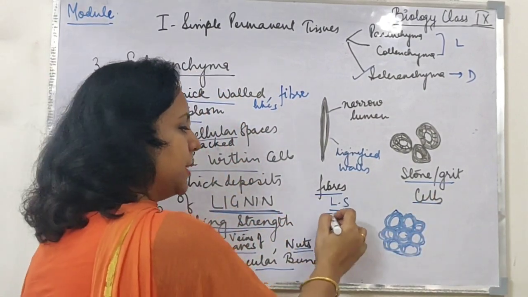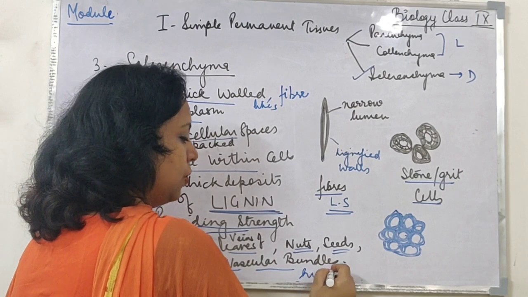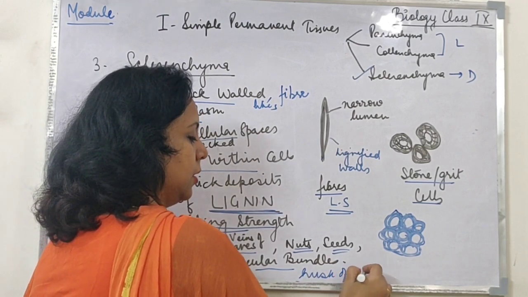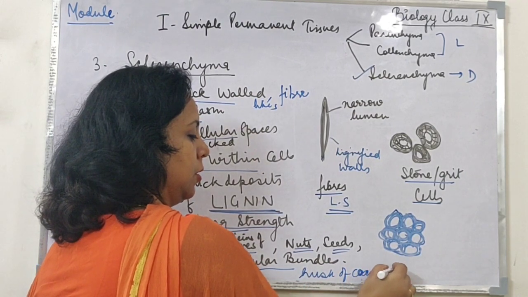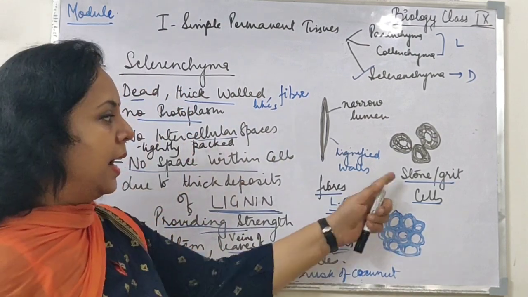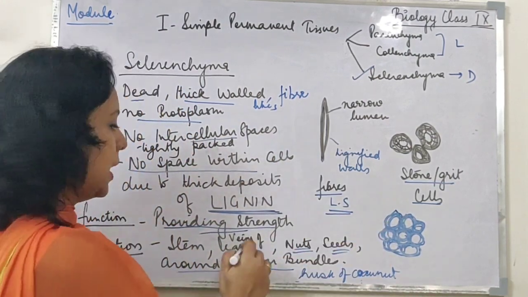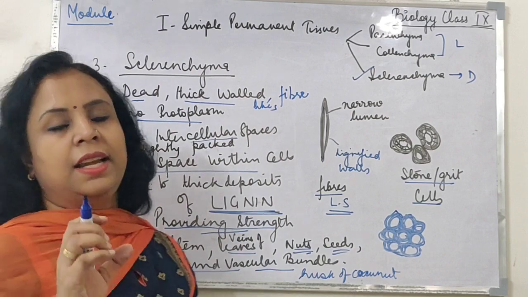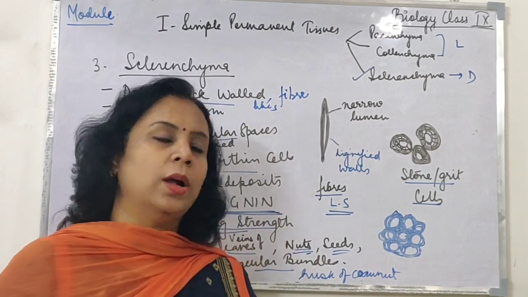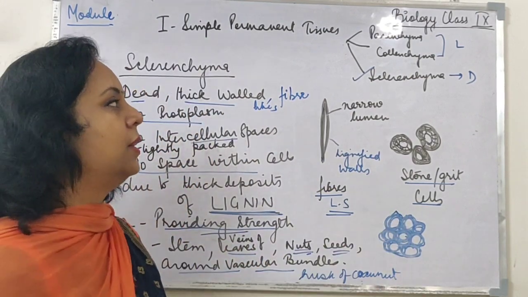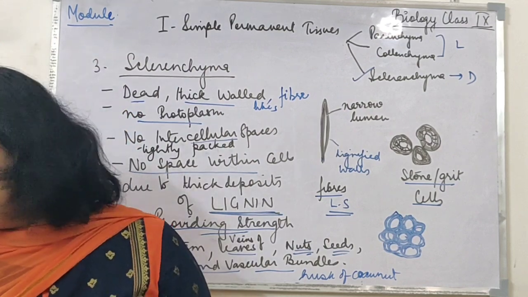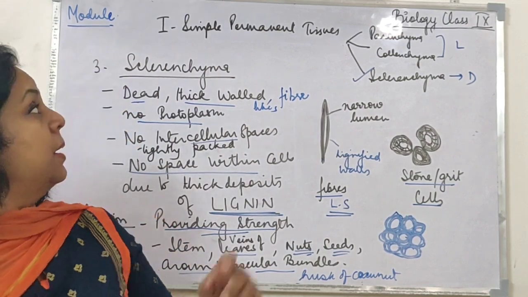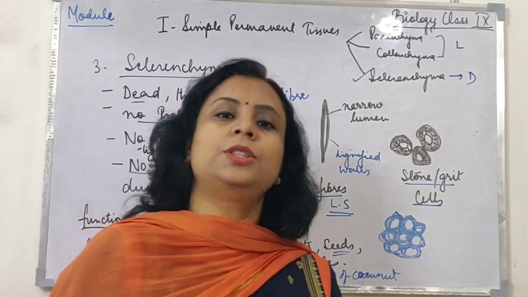The fibers are present in the husk of coconut and in the stem, and stone or grit cells are present in the nuts and seeds. There the stone or grit cells are present. So children, this was all about the simple permanent tissues.